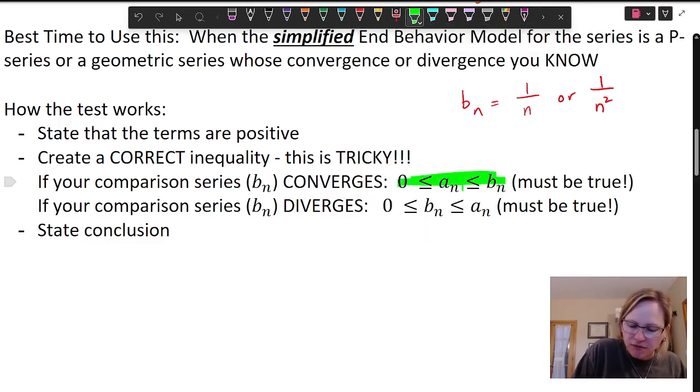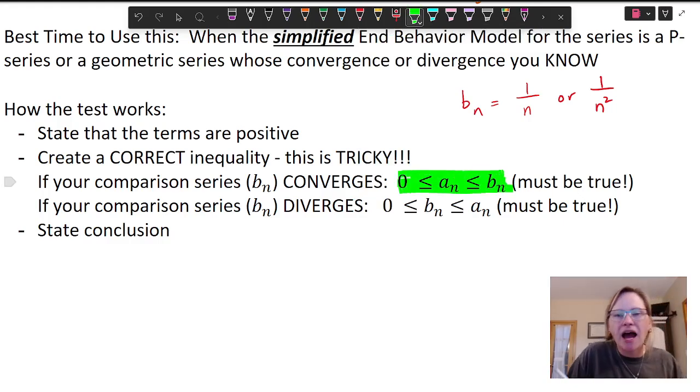In other words, the series that you are choosing has to be always bigger than the series given in the problem. Now, if you think that your series diverges and you're comparing it to a divergent geometric series or the harmonic series or something like that, in that case, you are going to want to make sure that your series is smaller than the given series.